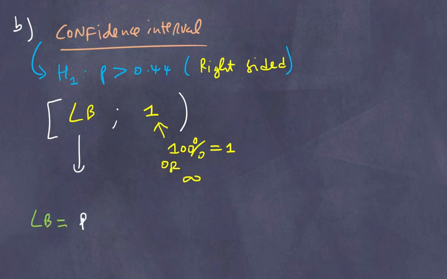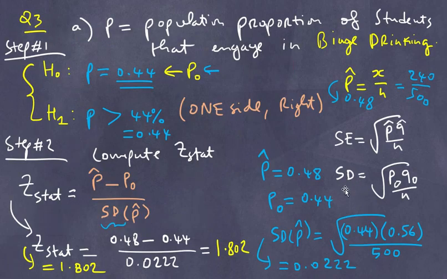This is p hat minus Z crit times the standard error of p hat. I am using the standard error to compute a proportion confidence interval, but I use the standard deviation of p hat to compute the Z stat.